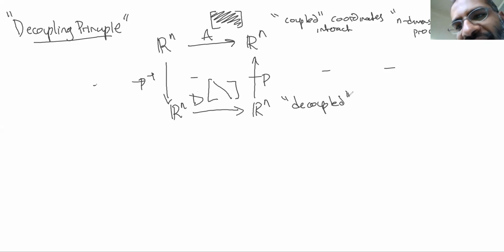It's really not an n-dimensional process. It's a bunch of one-dimensional processes, n one-dimensional processes, which are much easier to understand. So this is why diagonalization is a really deep thing. You can argue it's the most important theorem in all of math, for example. As you go on, you'll probably see why. Anyway, let's look at a concrete example where this really helps us out.